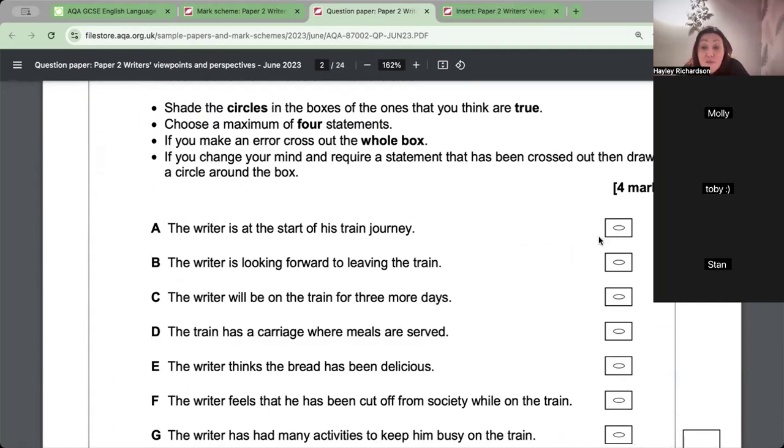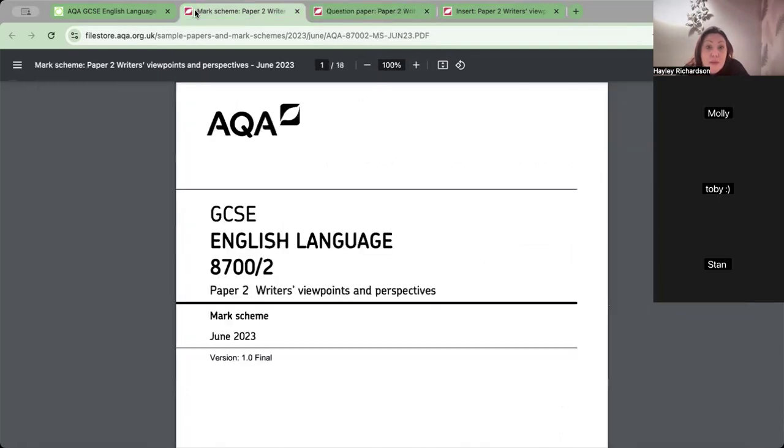Choose a maximum of 4. If you make an error, cross out the whole box. If you change your mind and require a statement that has been crossed out, then put a circle around the box. Okay, so we're just going to go back and reread that.